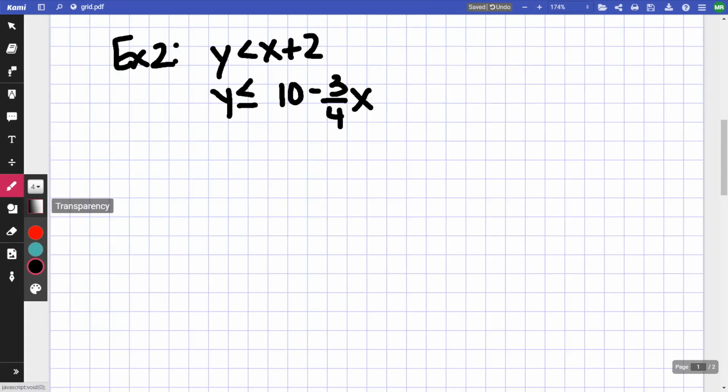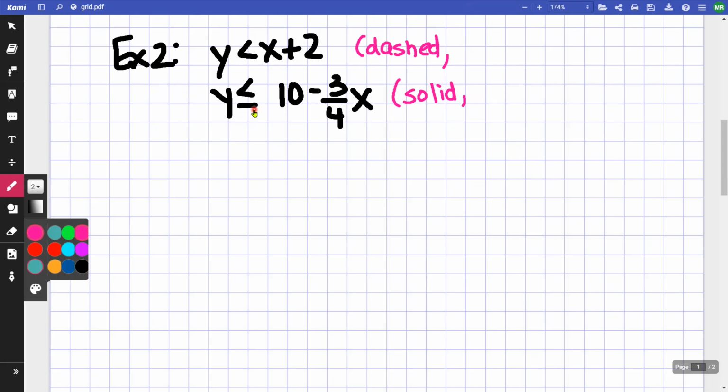So again, if I want to focus on solid or dashed, this one here is going to be dashed. This one here is going to be solid. The dashed one is dashed because there's no equal underneath this. The solid one is solid because there is an equal.